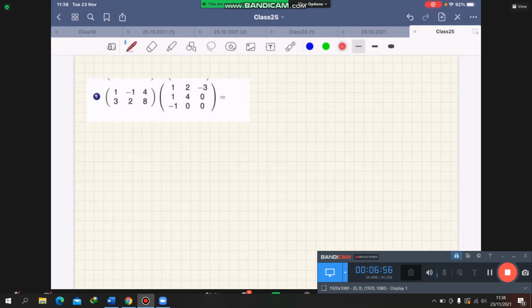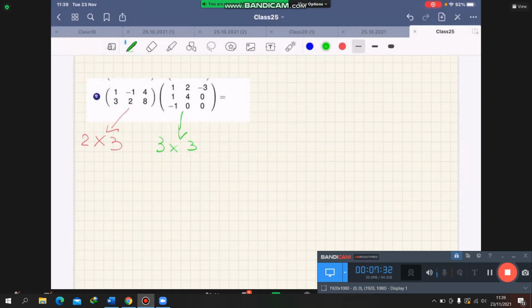The first one is a 2 by 3 matrix, 2 rows, 3 columns. The second one is a 3 by 3 matrix. So the number of columns of the first is equal to the number of rows of the second.